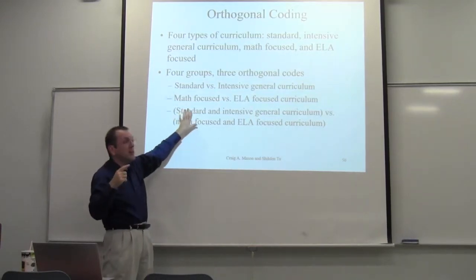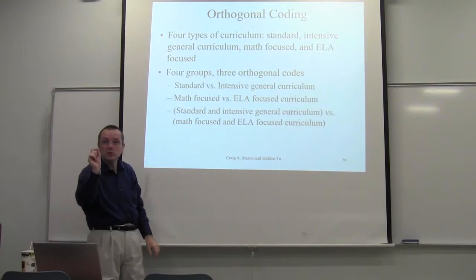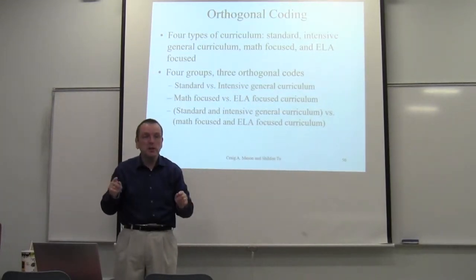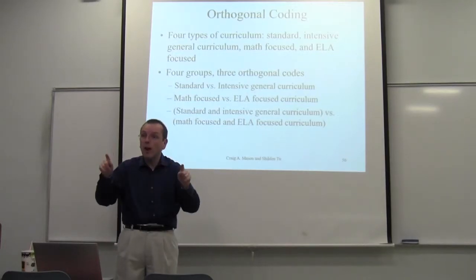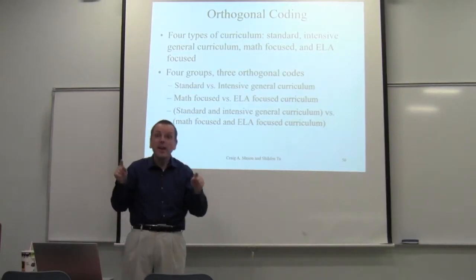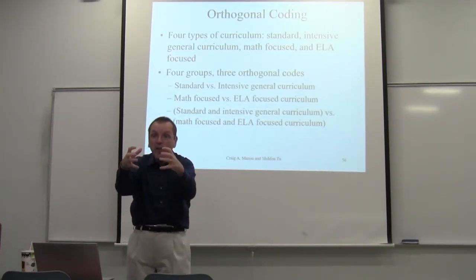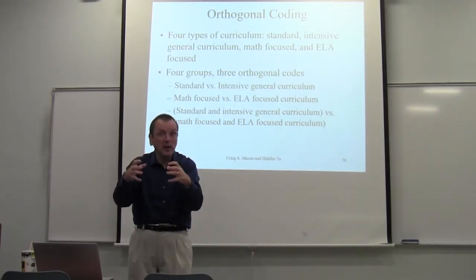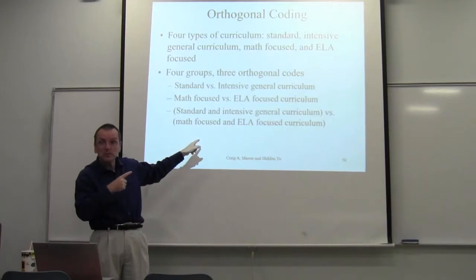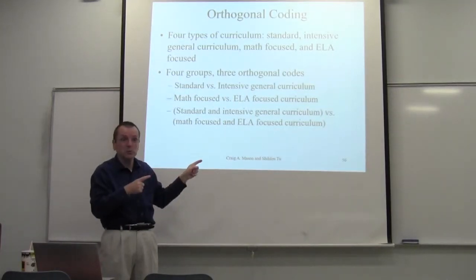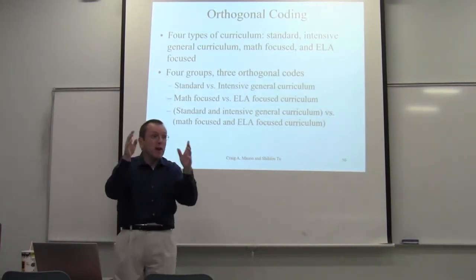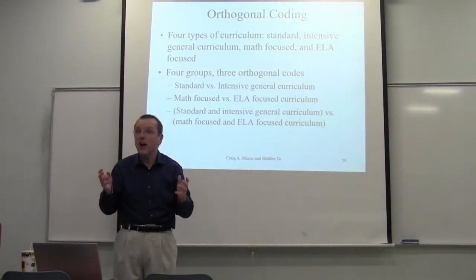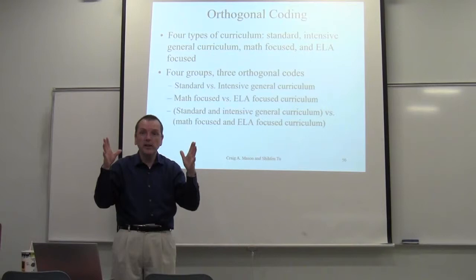What orthogonal coding does is it answers those specific group comparisons you want to make within your groups. But the key is, outside of making them uncorrelated, in order to reflect whatever that underlying construct is, what curriculum are you in, it has to follow those rules. If it doesn't follow those rules, you can make three codes, three variables, but they're not going to be what curriculum are you in.